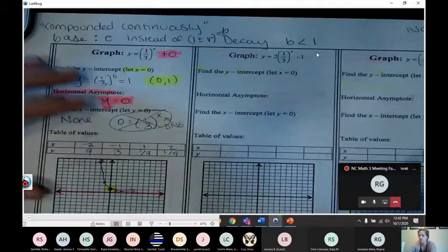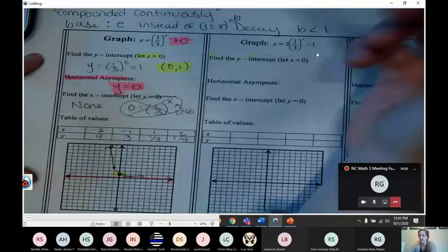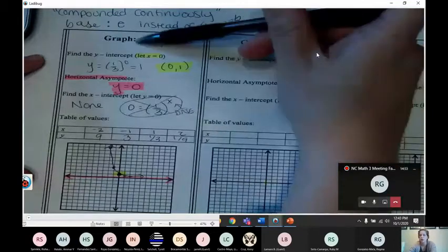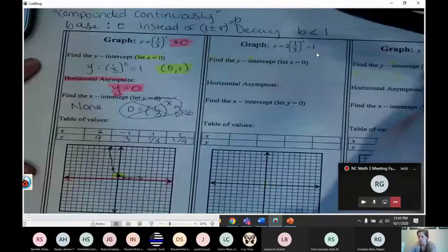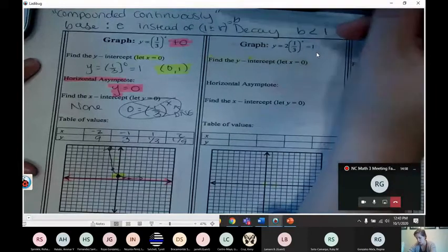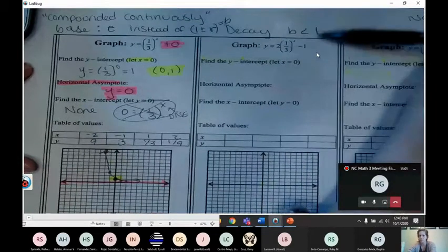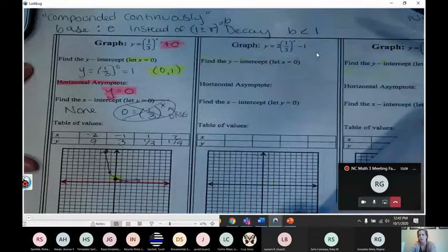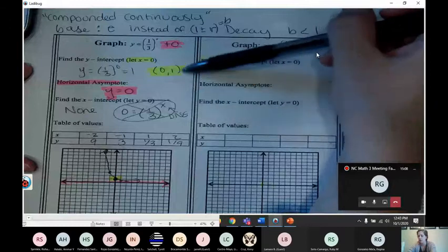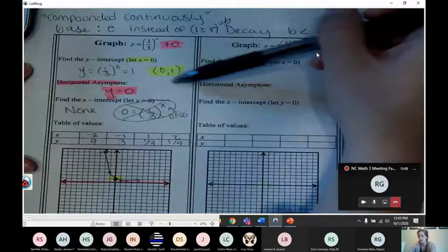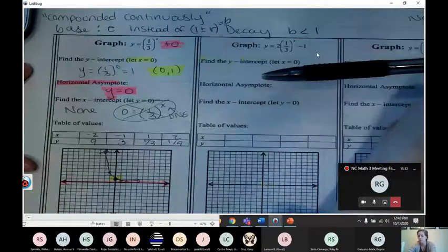Okay, so for this first problem here, it asks us to graph this function. We know that this is a decay function because we have 1/3 as our base, and 1/3 is something smaller than 1. Okay. To find the y-intercept, remember we let x be 0, and then we solve for the y value. So we got 1 for this problem.